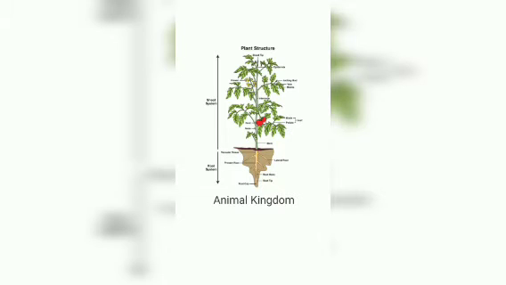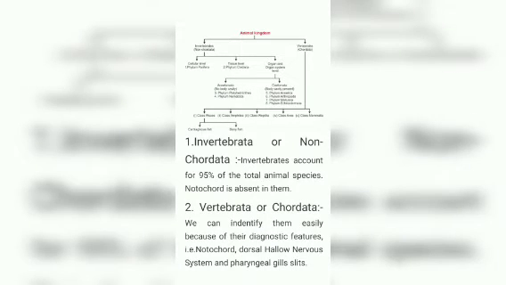Now let's talk about the animal kingdom. As you can see, the animal kingdom can be divided into vertebrates and invertebrates.